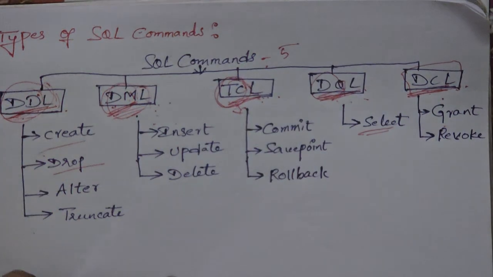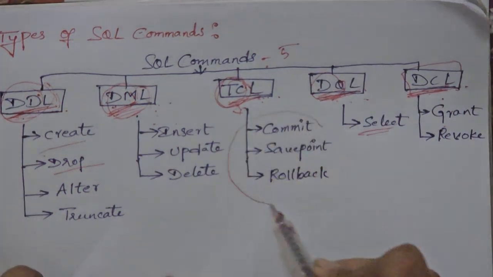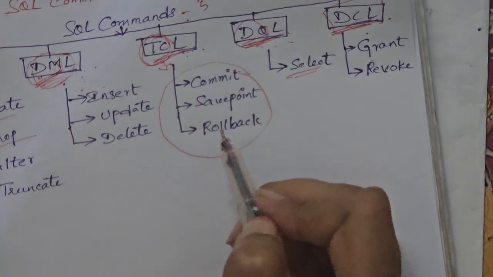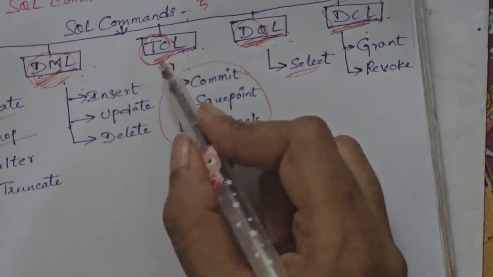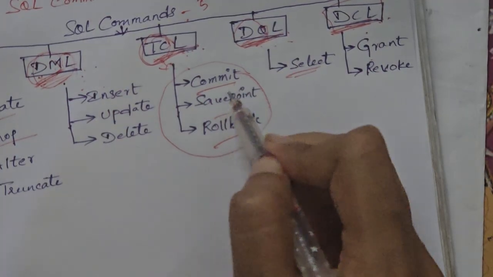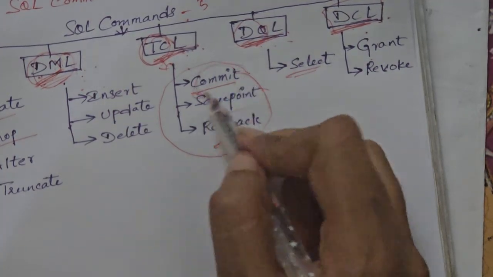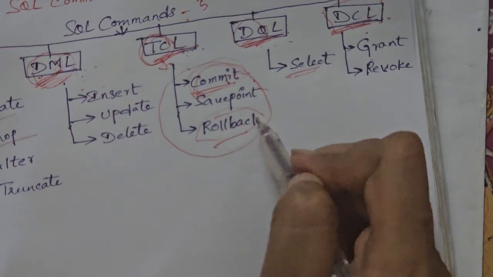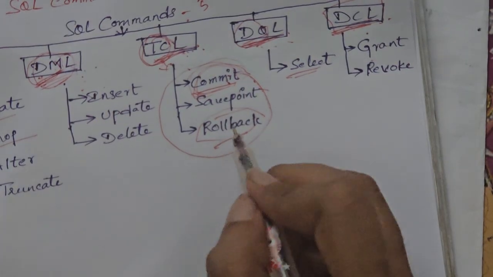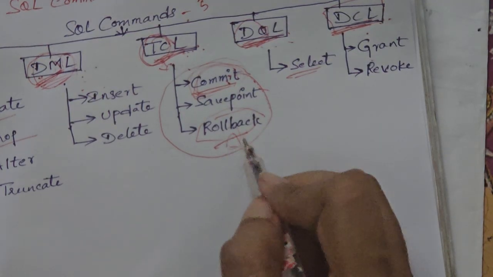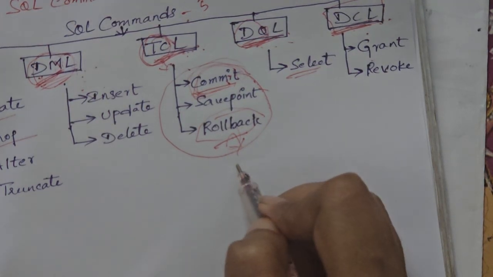Then the last one, I think, is transaction control. This is the left one, I think. In transaction control language, we have commit, savepoint and rollback. Commit will be used to commit the particular changes in your transaction, and rollback, for example, if you have committed some unwanted changes, then you can roll back to the previous version.